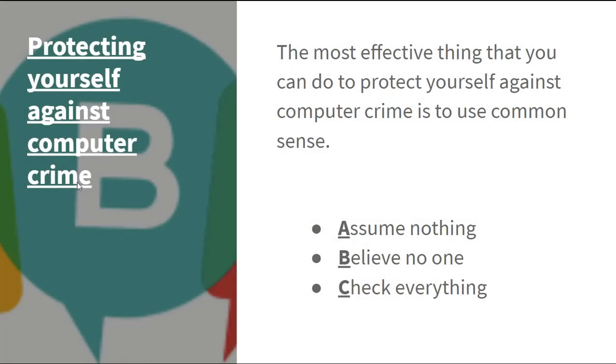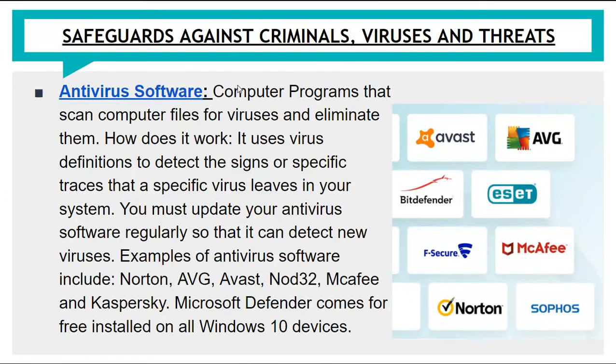Protecting yourself against computer crime. The most effective thing you can do is use common sense. Assume nothing, believe no one, and check everything. Safeguards against criminals, viruses, and threats. Antivirus software: computer programs that scan computer files for viruses and eliminate them. How does it work?